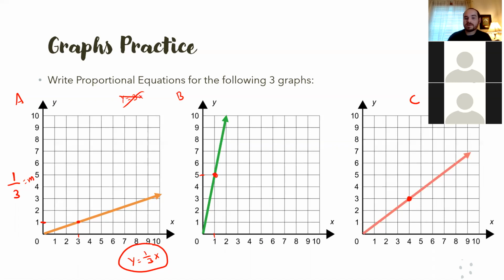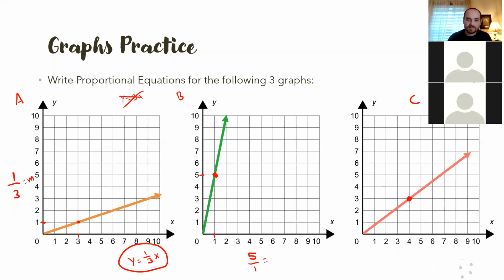So for my point on B, what is the y value? Carmen, that is correct for C. Almost, Taven, you've just gotten flipped. Yeah, so the y value is 5. The x value is just 1.